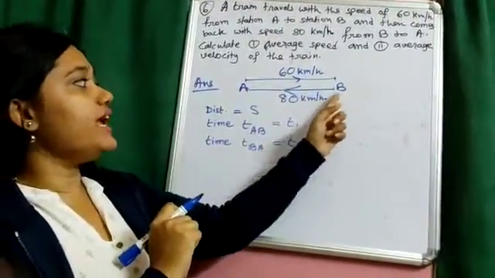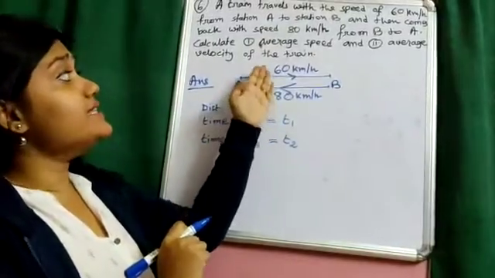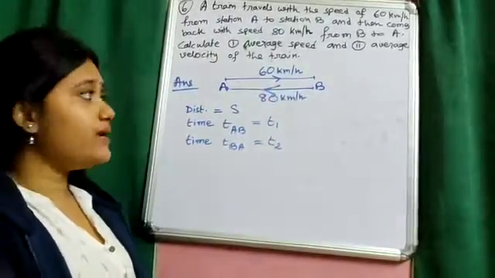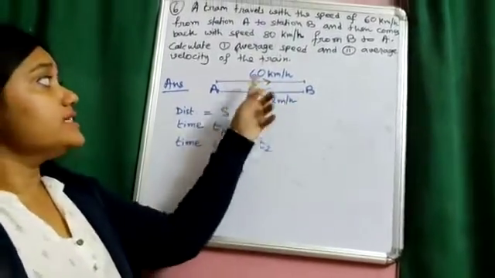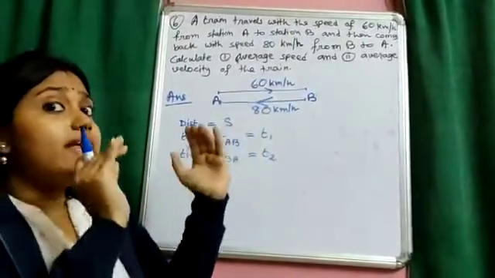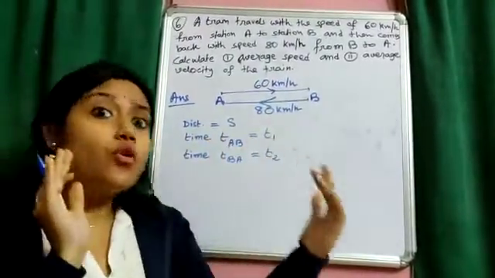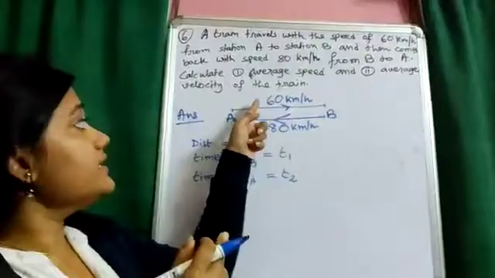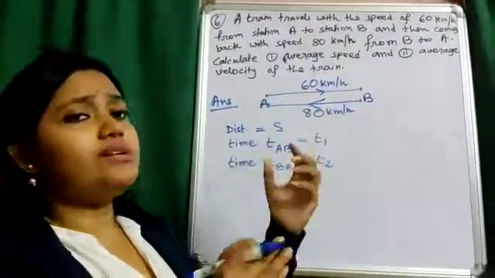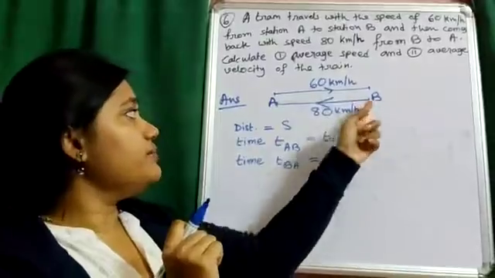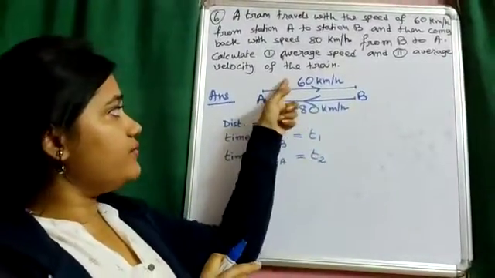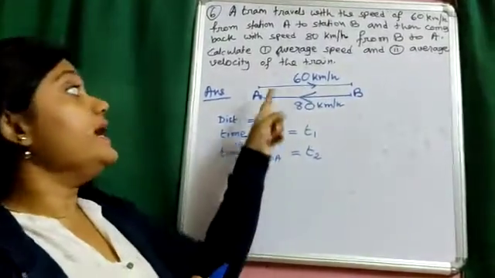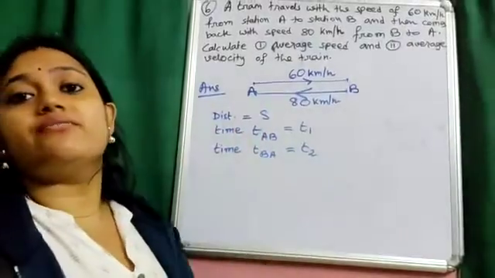But since the speeds are different, 60 km per hour, which is less, will take more time to cover, and 80 km per hour, that is more speed than 60 km per hour, will take less time to cover from B to A. So the time taken from A to B and B to A will be different, because the speeds are different.